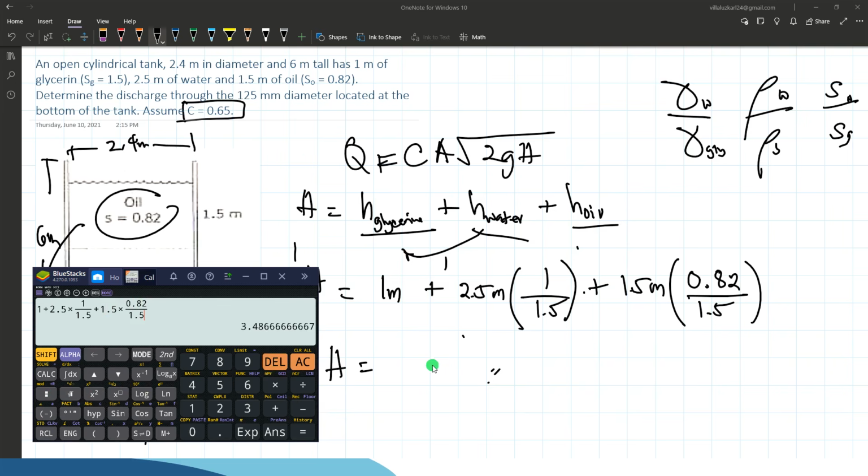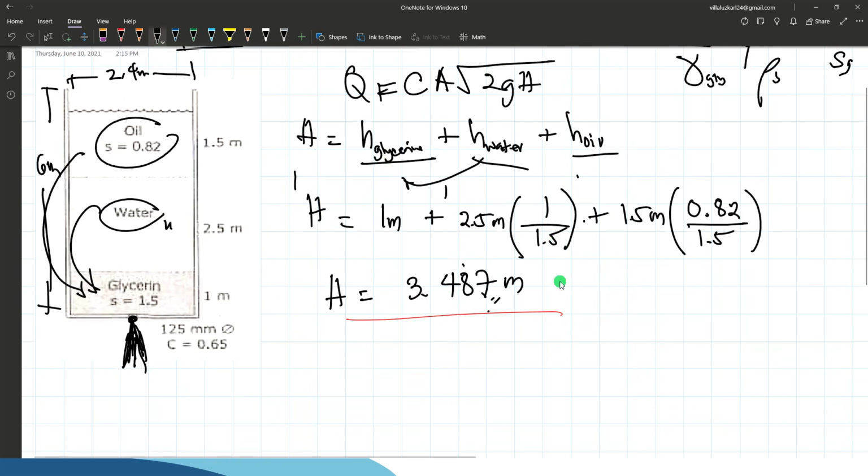Okay, so the total head is 3.487 meters. 3.487 meters. Now we can substitute it in the formula.